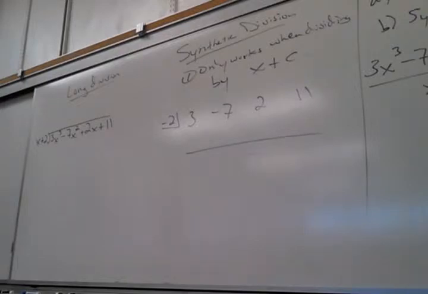It's built in. That's what I was thinking. Exactly. That would mean that that would be a factor of this, if that was a 0. Which later becomes really important. You want that to happen.